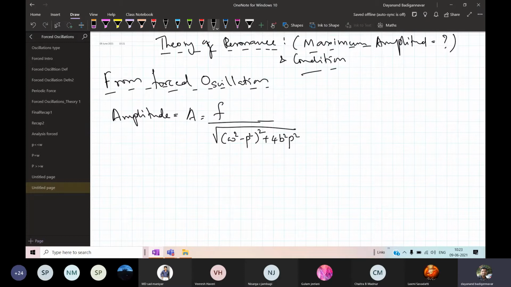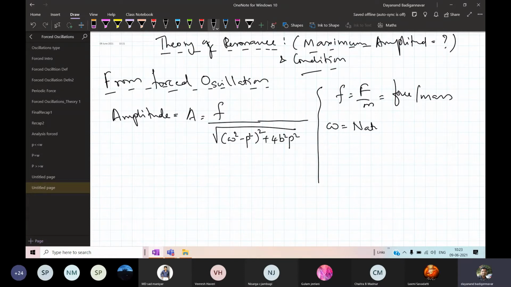Now you analyze the terms. Here F is equal to F by m, that is force per unit mass. Omega is the natural angular frequency of the vibrating body. Then P, what is this P? I have given this already in the last class.